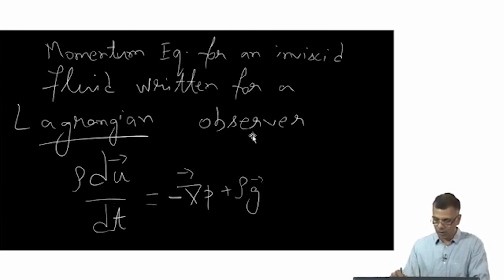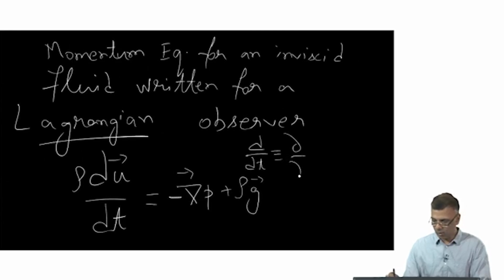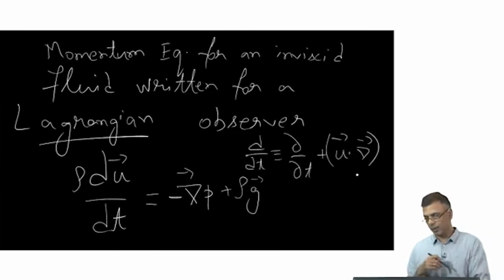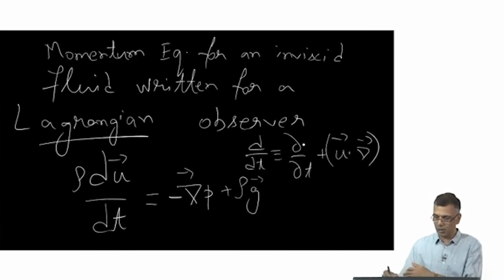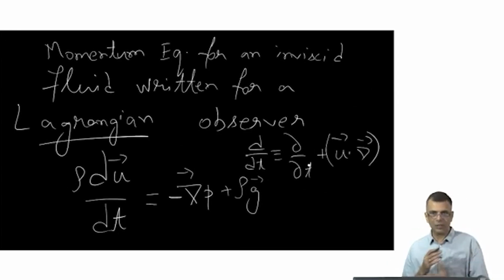If you simply apply that and operate this whole thing on u, this immediately follows. So there are advantages to both kinds of descriptions. I simply wanted to point this out.